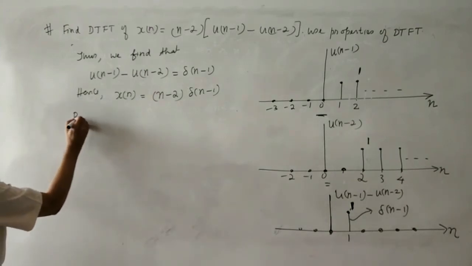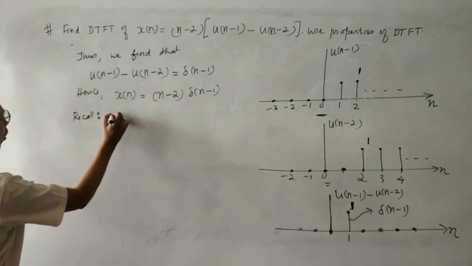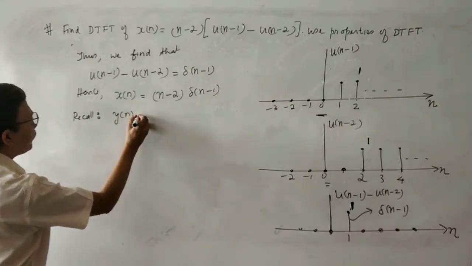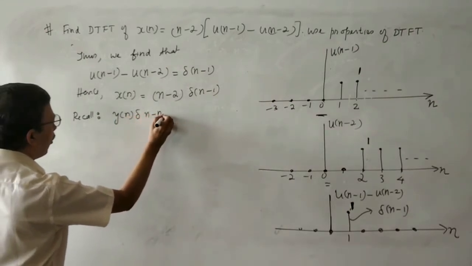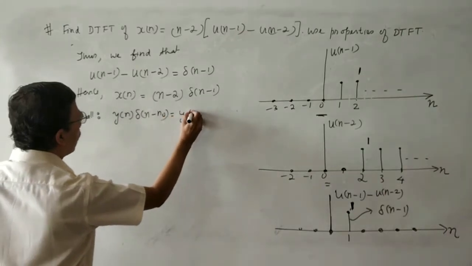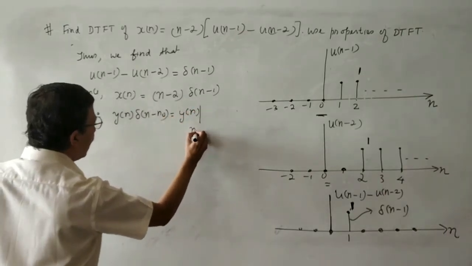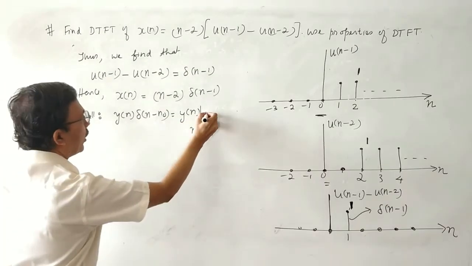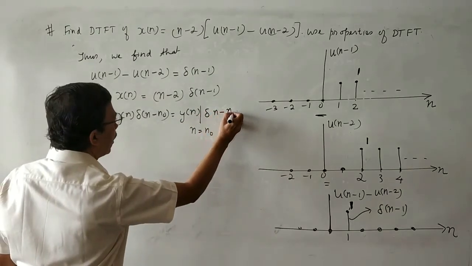Recall y of n into delta of n minus n naught is equal to y of n evaluated at n equal to n naught into delta of n minus n naught.